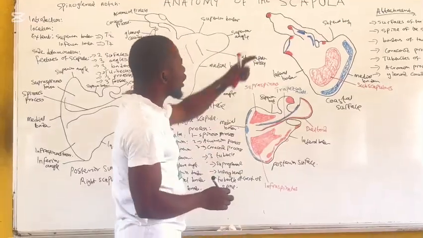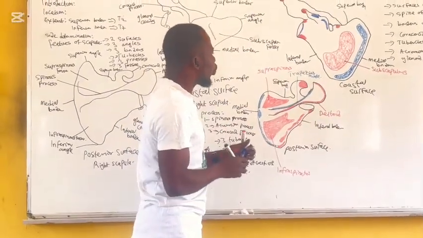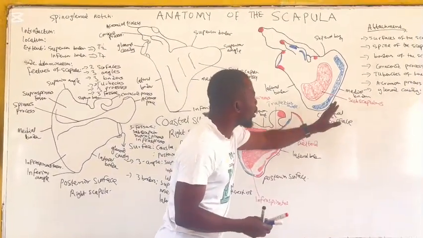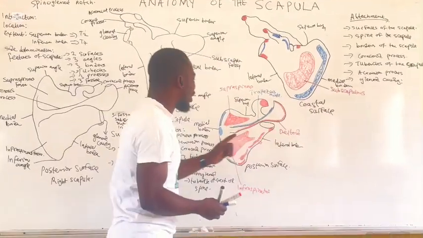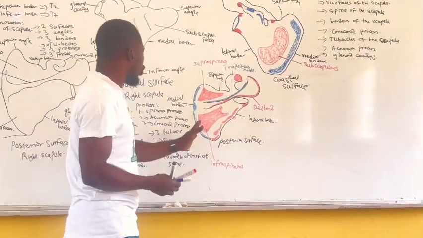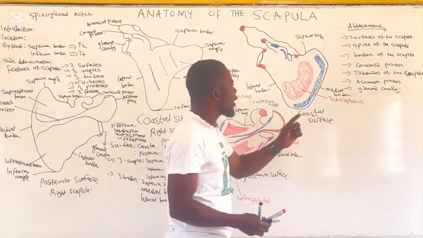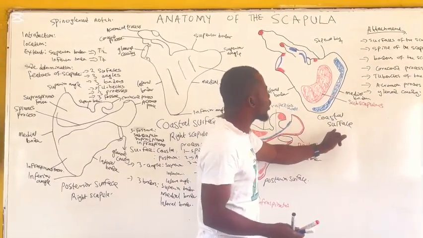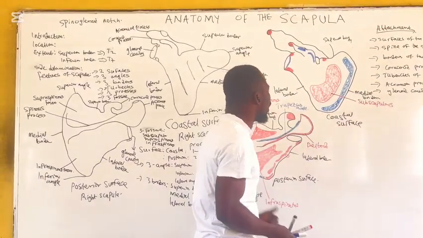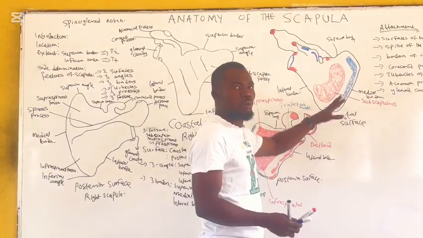Now, we are looking at the attachments on the borders of the scapula. We will look at the attachment on the medial border in the costal surface, and the attachment of the medial border on the posterior surface. Starting with the costal surface, the medial border gives insertion to the serratus anterior muscle.